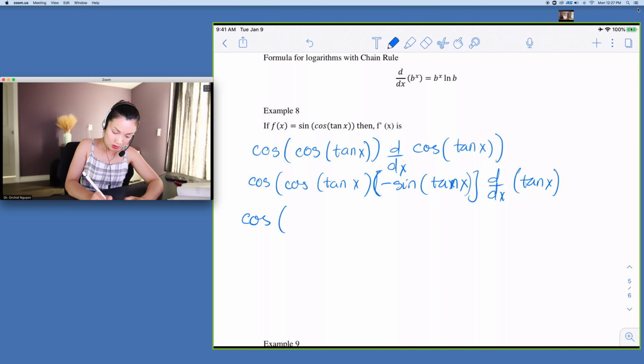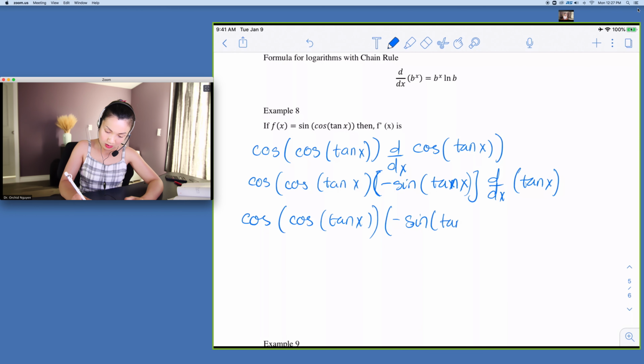So I have to rewrite everything. Multiply by the derivative of tangent of x, which is secant squared.